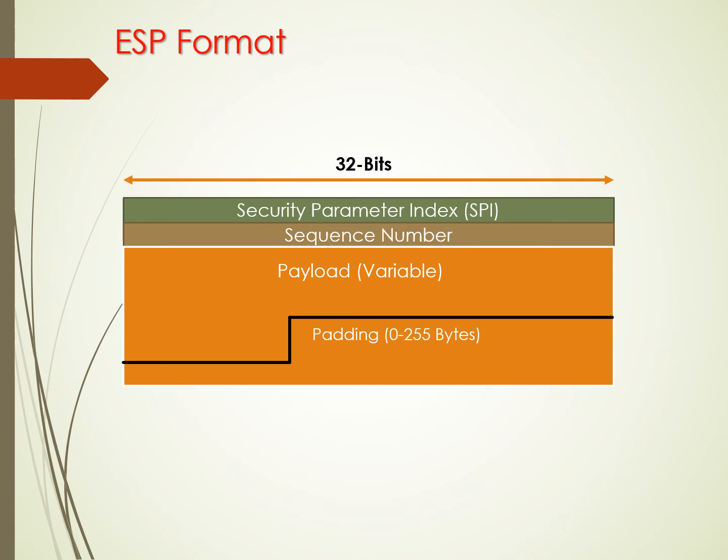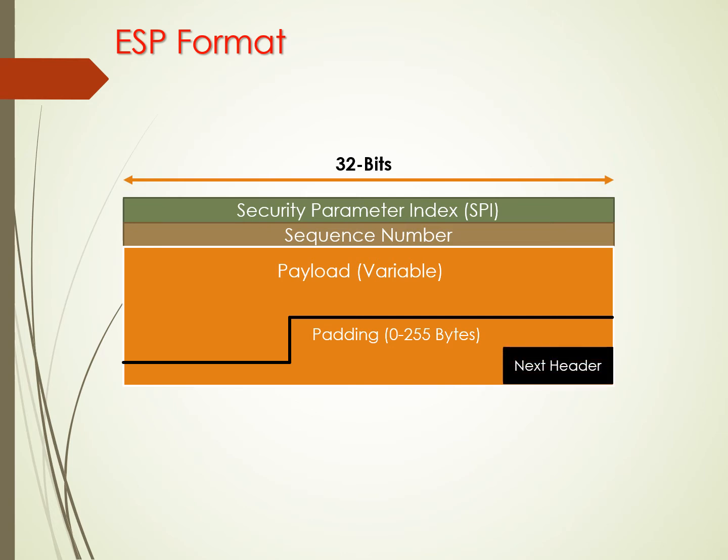Each data packet must have a particular length, say for example 0 to 255 bytes, and if the data packet does not meet that length, we need to pad to meet that length criterion. We pad some dummy bits, so dummy things. That is what the padding is, from 0 to 255 bytes.